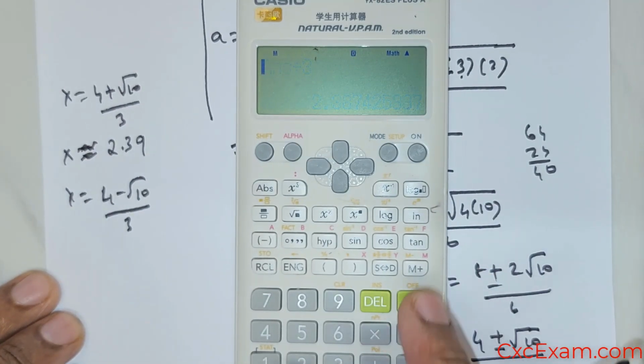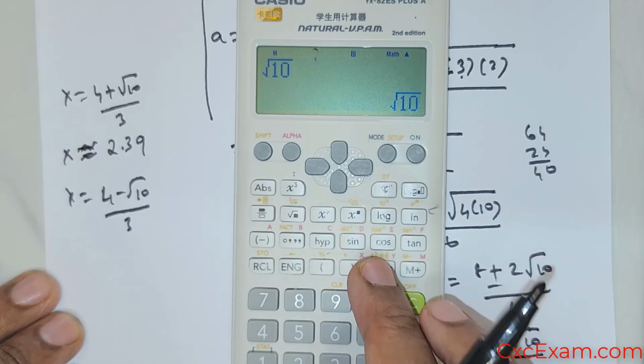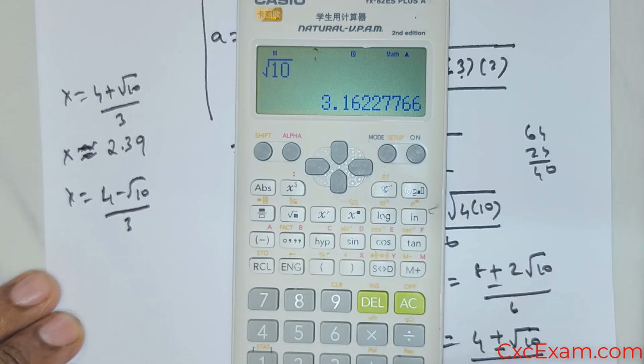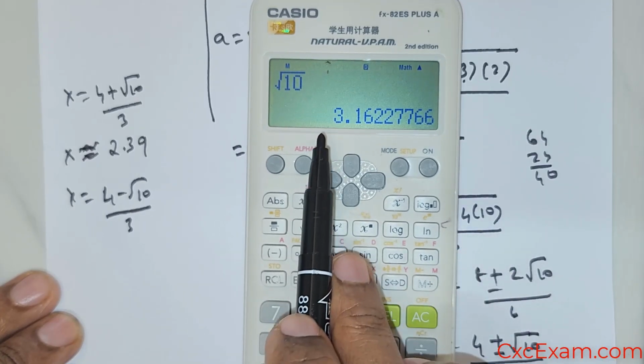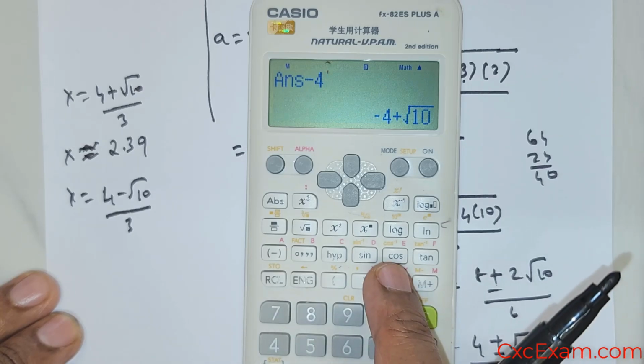For the next value, you take the root of 10, and from root of 10 you have to take away 4. Of course this will be a negative sign, so I will just replace it after I perform the calculation.